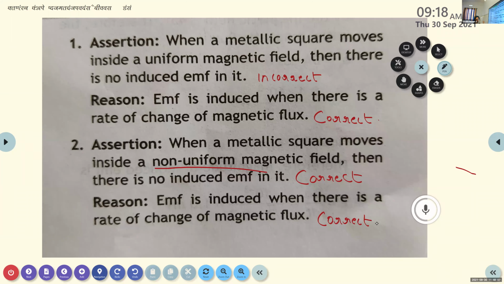So option A. Both assertion and reason are correct, and reason is the correct explanation for the assertion.